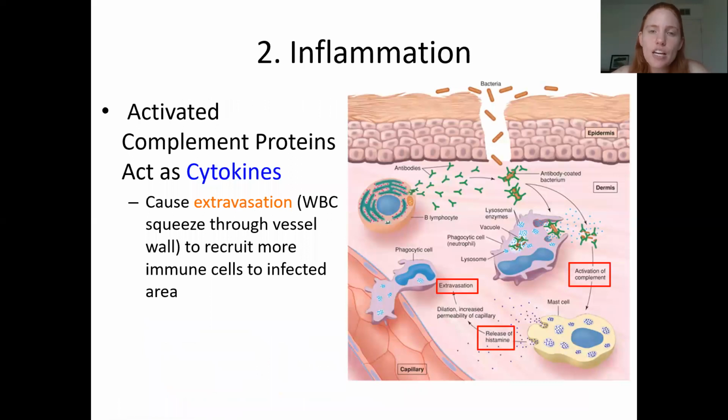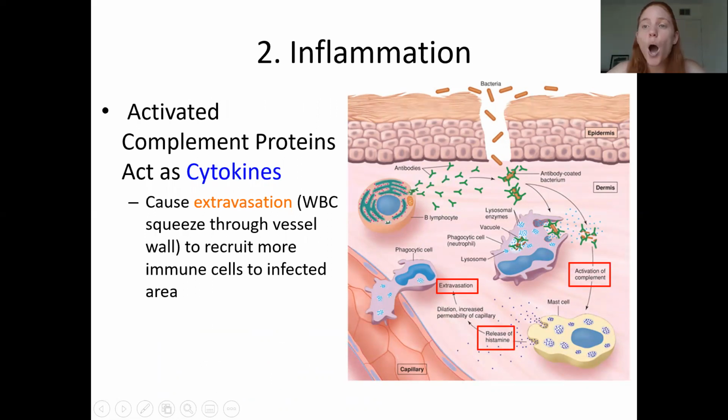The second way is by helping with inflammation. Okay, so once you have those antibodies, the antibodies can then activate the complement proteins. The complement proteins then activate the innate immune cells, things like eosinophils especially, and mast cells are shown here. And they're going to secrete cytokines.